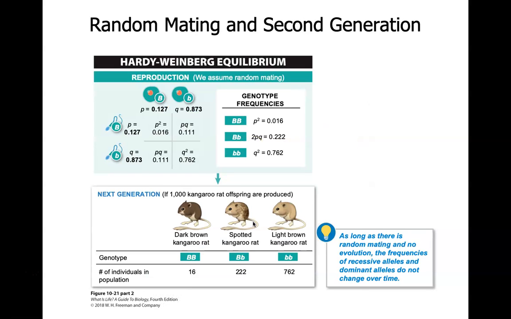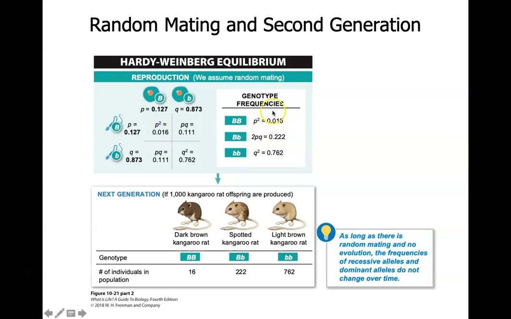Now, let's calculate the genotype frequencies for these alleles. This diagram is really helpful. It just shows you where you get the P squared. The frequency of the big B allele is 0.127. Frequency of the big B allele from the other parent, 0.127. That's equal to P squared, which is 0.016.